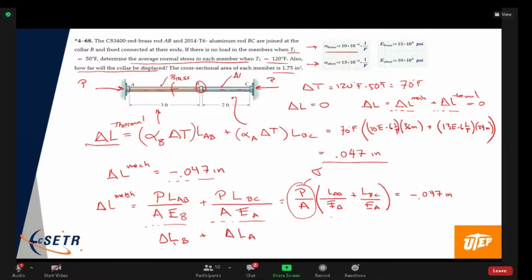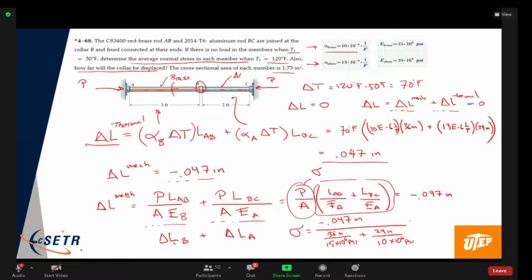So the stress is going to be equal to minus 0.047 inches divided by this term here, right? And so that term there would be the length of AB, which is 36 inches, over Young's modulus for the brass, which is 15 megapascals, plus the length of the aluminum section, which is 24 inches, over its Young's modulus, which is 10 psi.